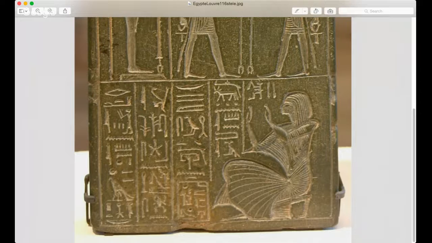Yeah. So I can tell this is definitely Emir of some cattle, but I don't know what the transliteration to that is. Anybody know? Well, one thing. Emir. Yeah.